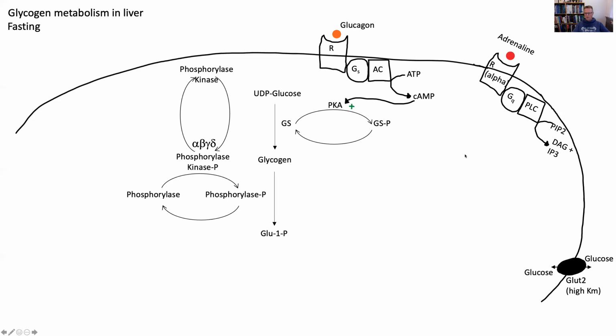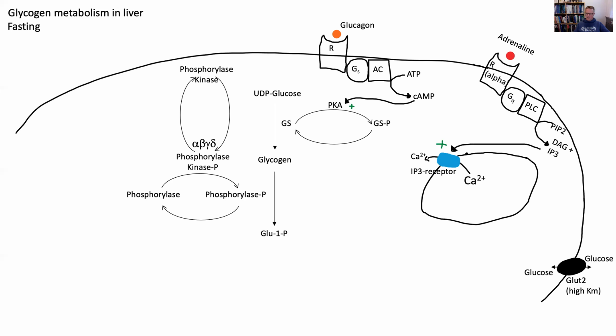But in the liver, we know that adrenaline acts via a G protein-coupled receptor, in this case an alpha adrenergic receptor that interacts with a Gq protein, that again activates a phospholipase called PLC that then degrades phosphatidylinositol bisphosphate to diacylglycerol and IP3.